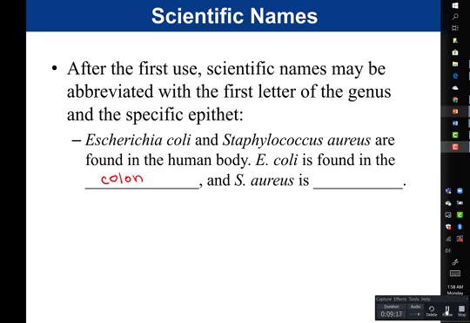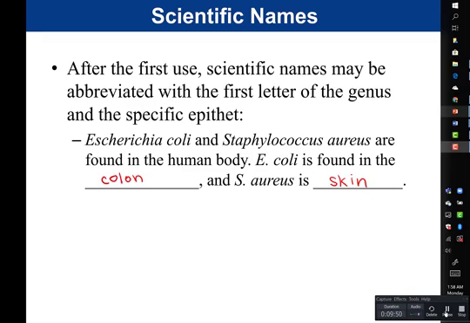Anybody know where Staphylococcus aureus can be found? Answer is skin. It's a type of bacteria that's found on the skin. So we can write S. aureus is found on the skin. So again, first time we talk about it, we need to write out genus and species. When we continue to talk about that organism, we can then abbreviate the genus and simply write out the species.